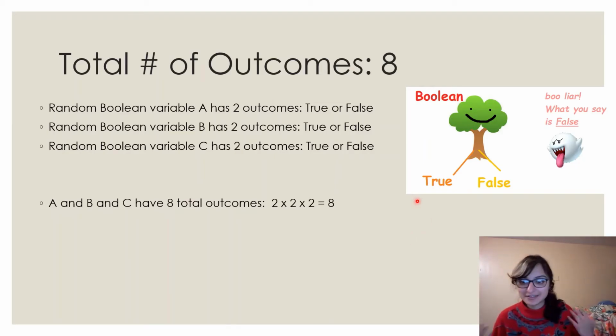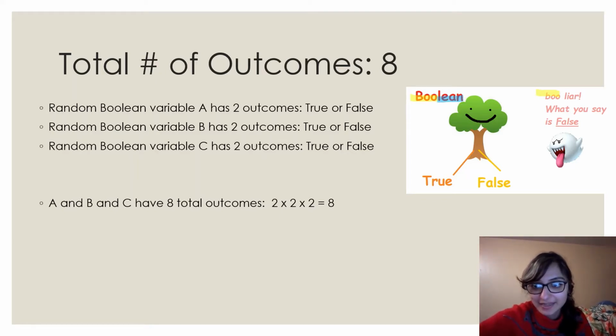So we're going to consider a joint probability distribution table that has 8 outcomes. Variables A, B, and C. And they're Booleans. The way I remember it is like boo, liar. So if you look at the stem of Boolean, it's like boo, and I like to think of the ending like liar.